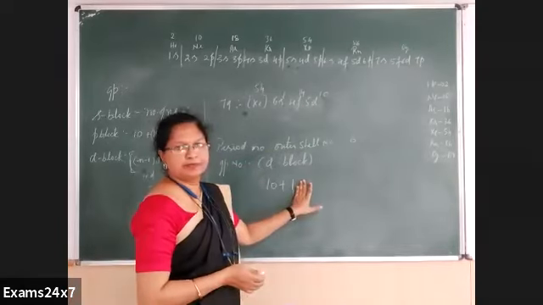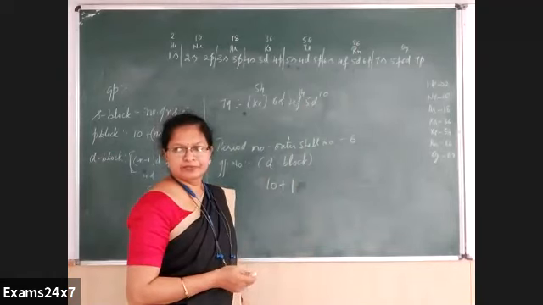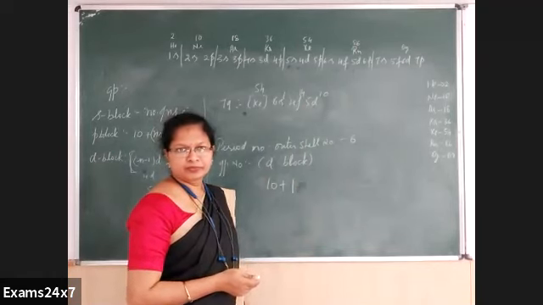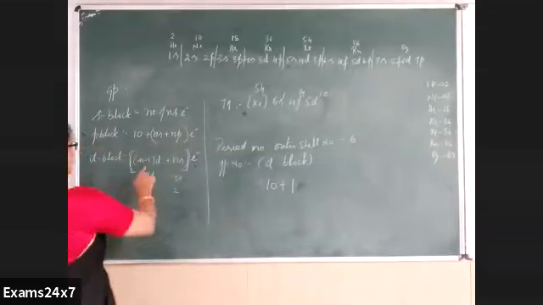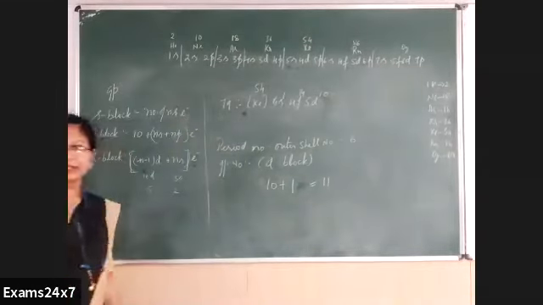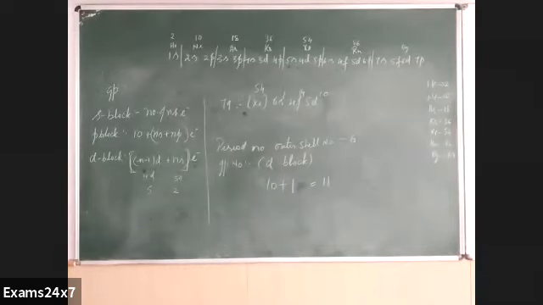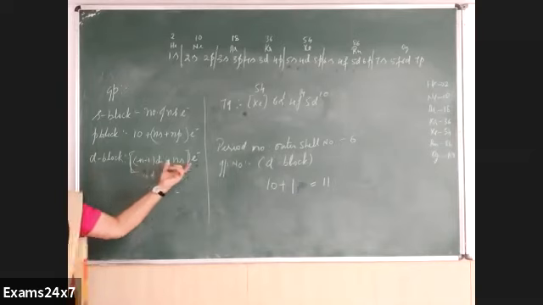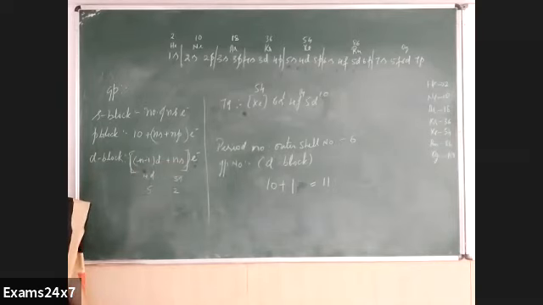There is no p. 10 plus s. That is (n-1)d plus ns. So it is 11. (n-1)d is 10, ns is 1. No, p doesn't come there. (n-1)d plus ns. 11th group. Understood?